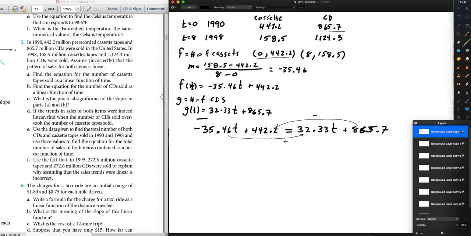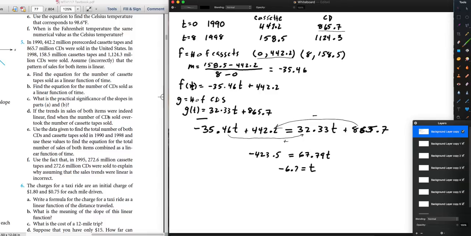What I end up with on the left is negative 423.5, and on the right 67.79t. Divide both sides by 67.79, and you will get t equals negative 6.2.